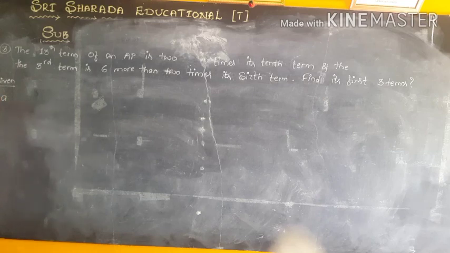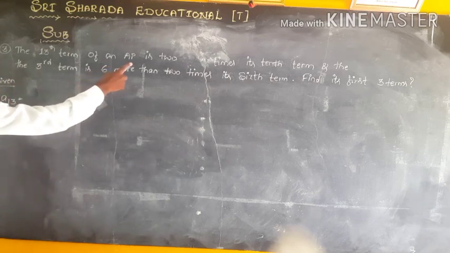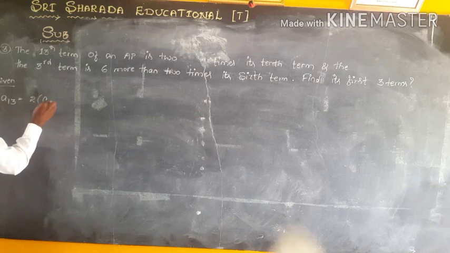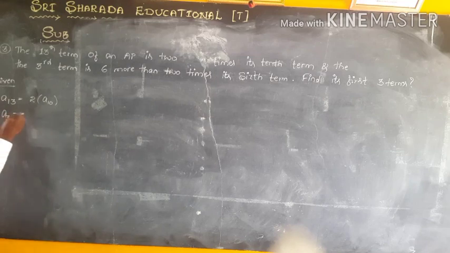Given: the 13th term of an AP, means A13, is equal to 2 times its 10th term, means A10, and the third term, A3, is equal to 6 more than, means plus 6, 2 times the 6th term, A6.